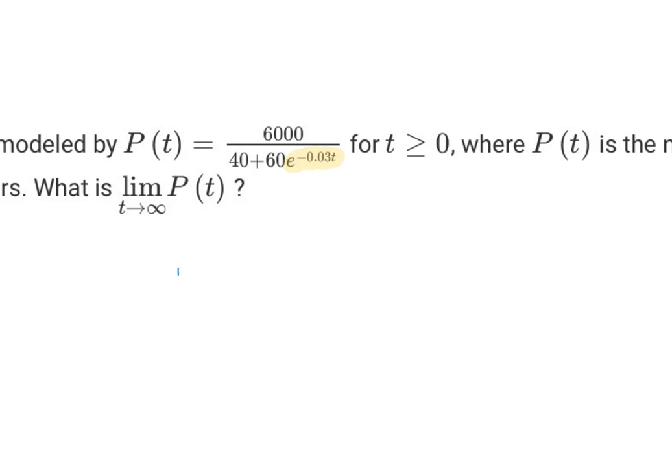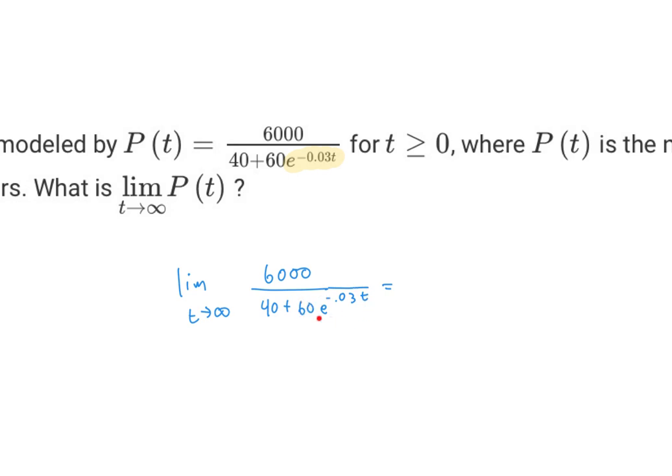So if we take the limit as t approaches infinity, we can apply the limit to the top and bottom, distribute it to each of the terms, and pull out the constant, and then just evaluate it.